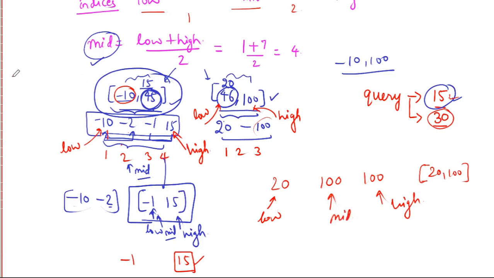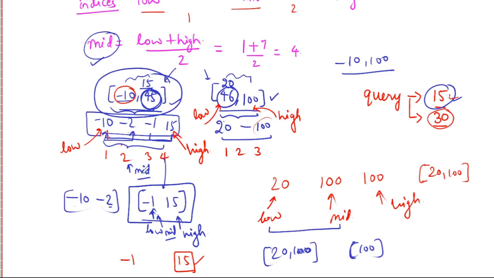Now here comes the trickier part. If low, so this becomes 20, 100 in one part and 100 in another half. But why is this included here?